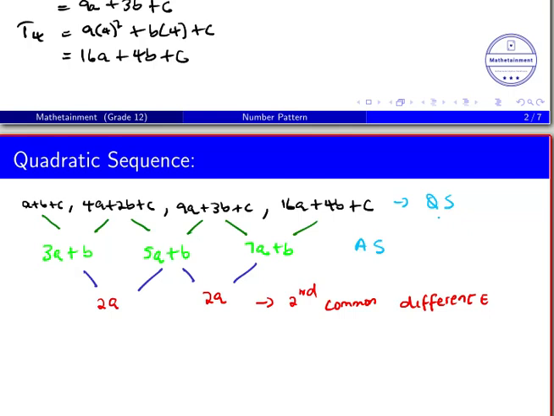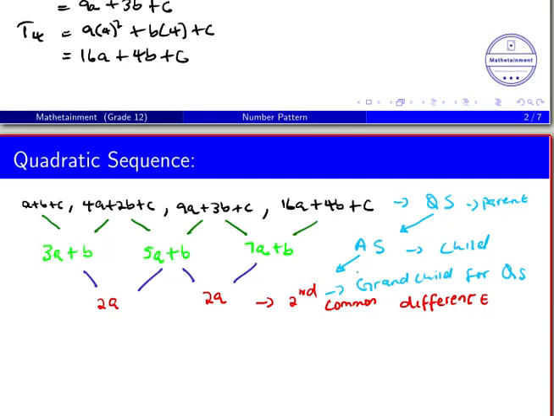So we call the QS a parent, and this is a child, and this is a grandchild. So this is the way you can use to relate the three.